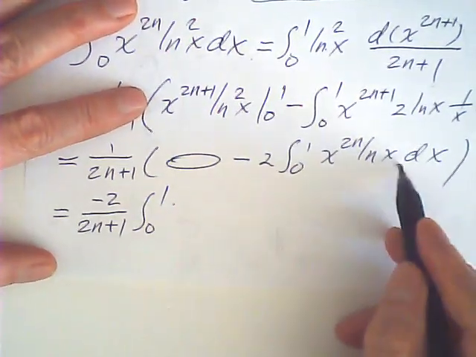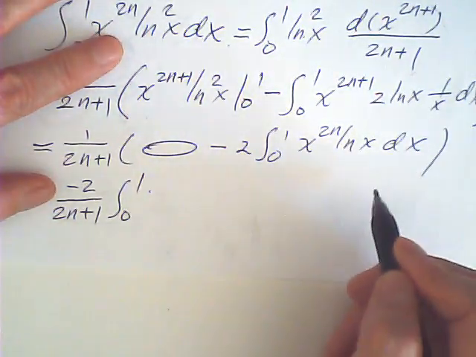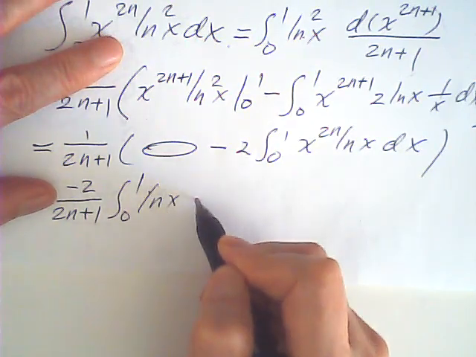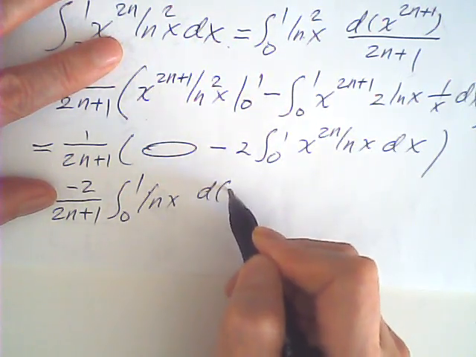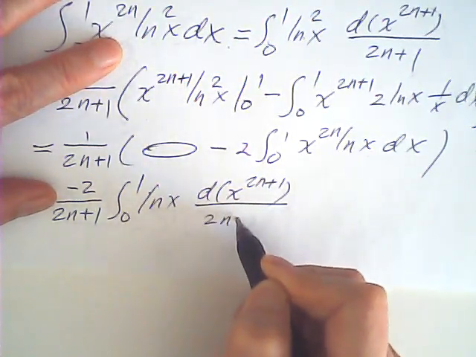Then I set up integration by parts again. This is log x, and dv is x to the 2n dx, so v is x to the 2n plus 1 over 2n plus 1, right?